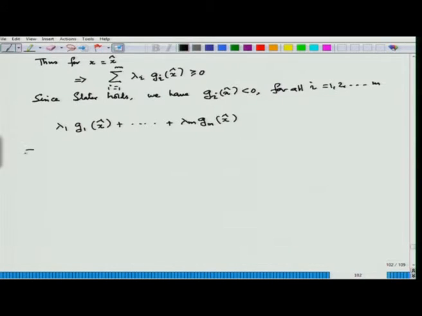So, this would imply that this summation expression, because there is one element of them positive, say lambda 1 is positive, will become a strictly negative quantity. So, finally what you have is this expression, right. But I also have this expression from the other one.